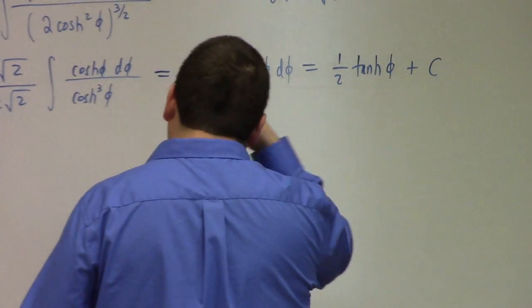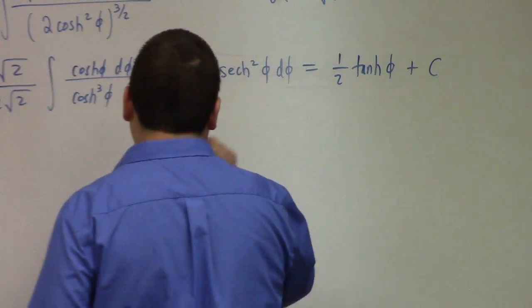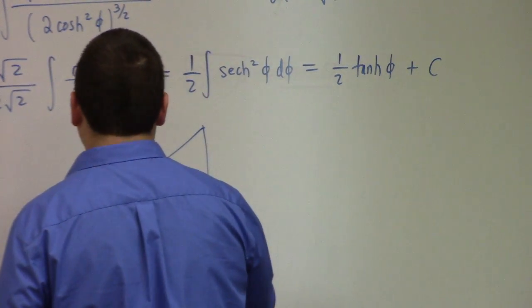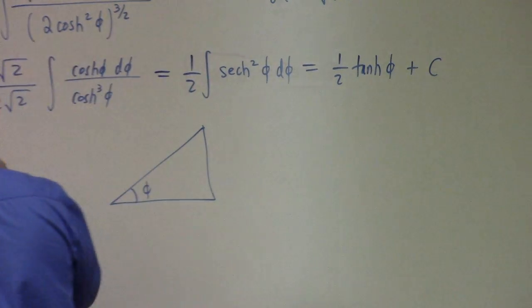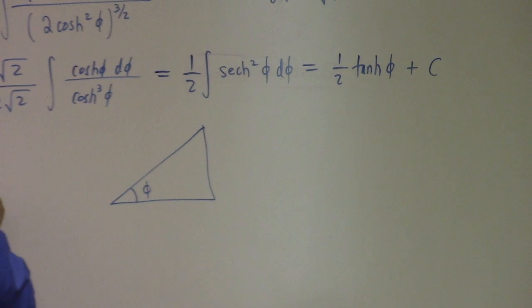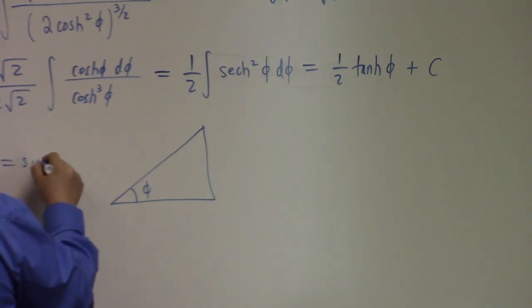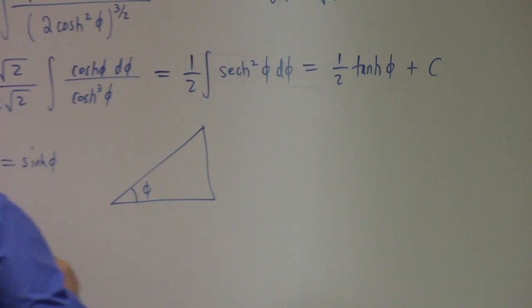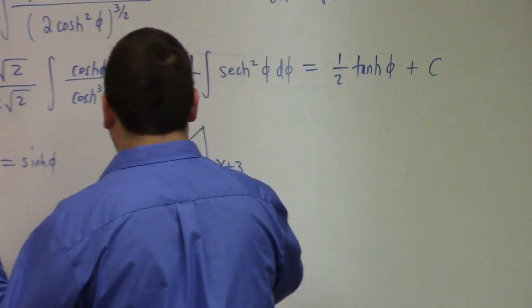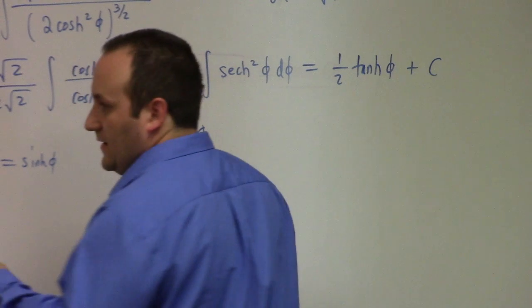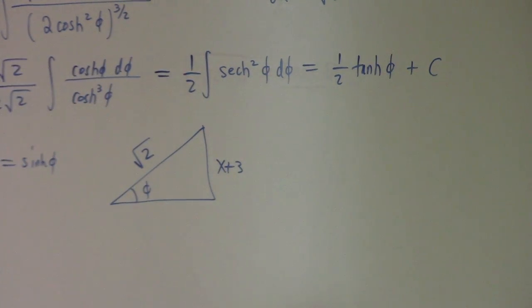Okay, but then what's the triangle look like here? (x+3)/root 2 is sinh phi. So that makes the opposite x+3, the hypotenuse root 2. Well, I'm gonna cheat.